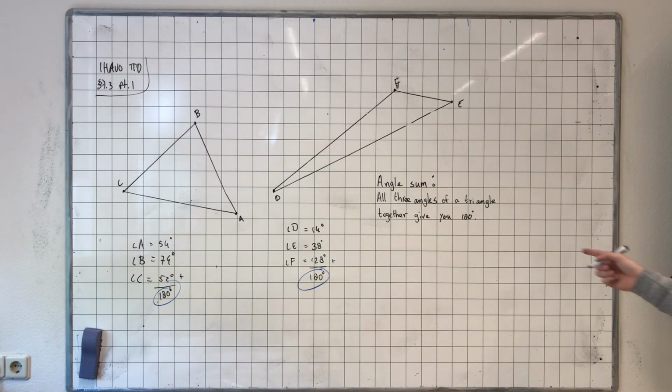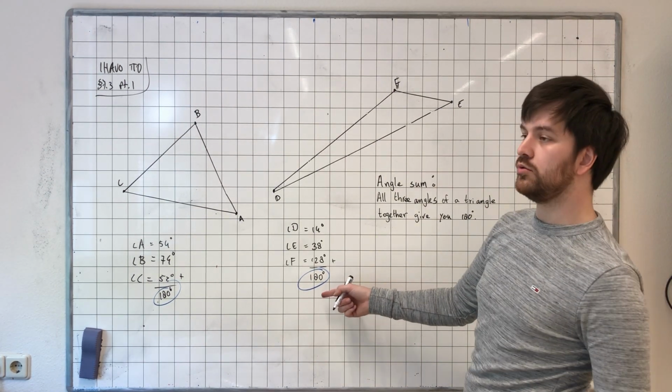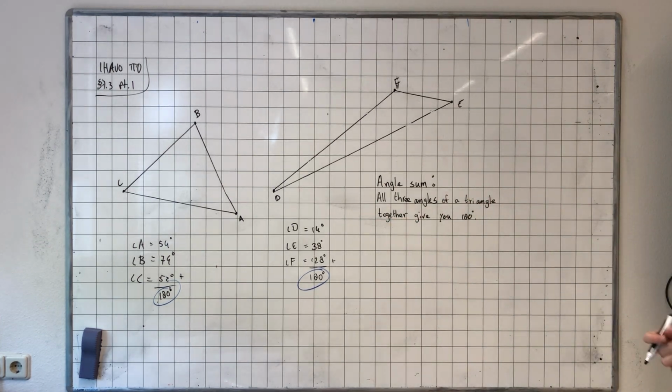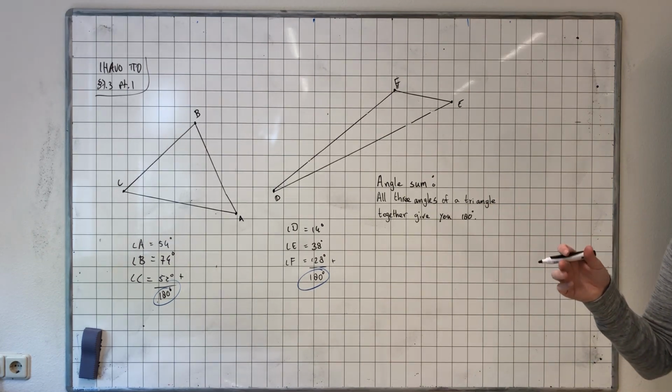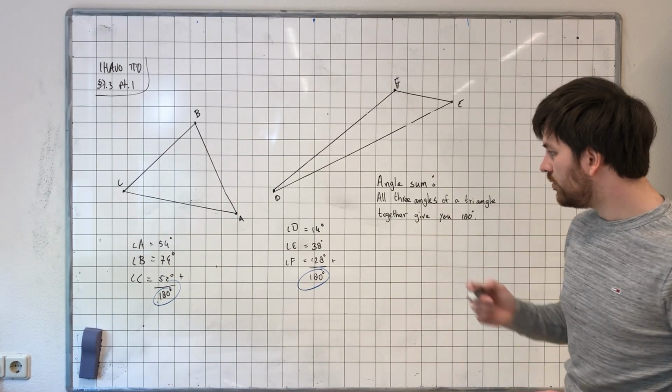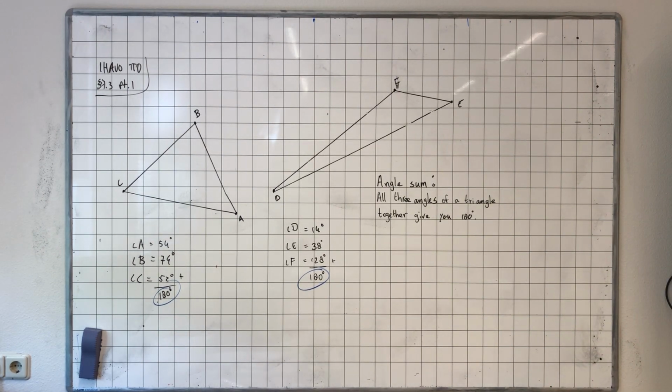And probably when you measure this yourself, you're really close to 180 because you have a small error in your measurements. But in general, when you're doing things really precisely, you will always get to 180.